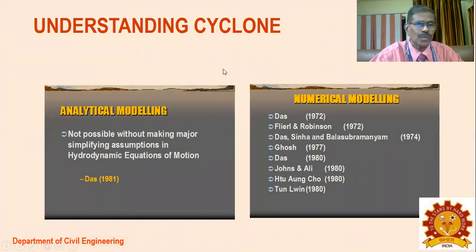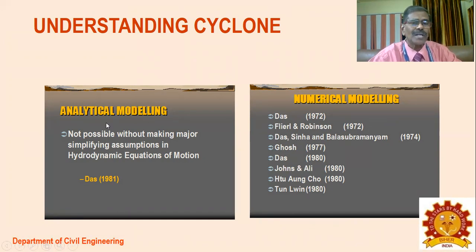So, understanding the cyclone. There are analytical models and numerical models. Analytical modeling is not possible without making major simplifying assumptions in the hydrodynamic equations of motion. This is by Das, 1981. And he also gave the numerical modeling by various people, on how to mathematically represent the cyclone.